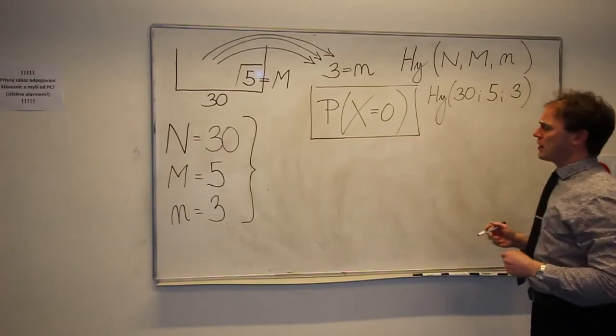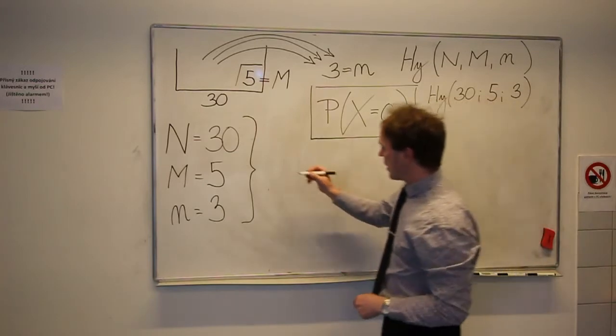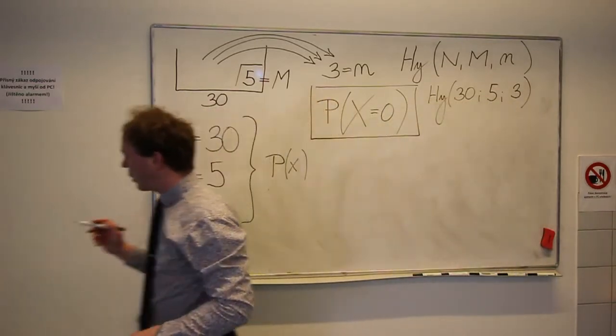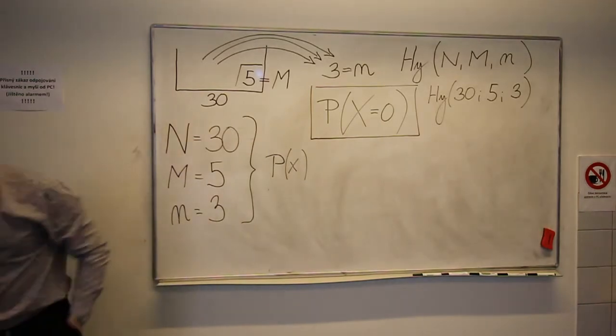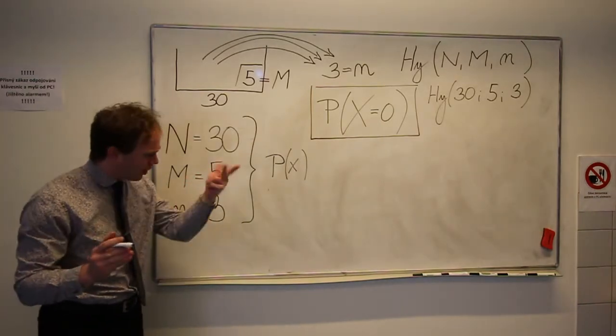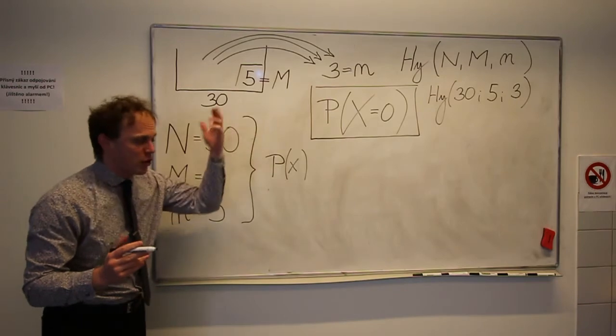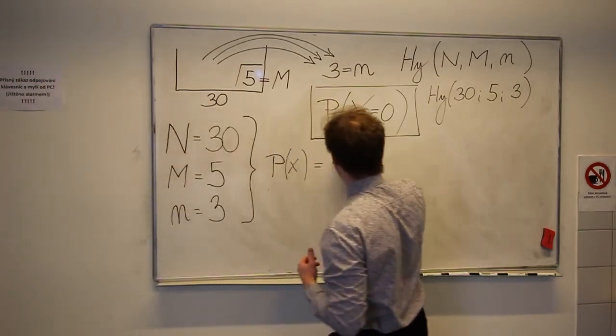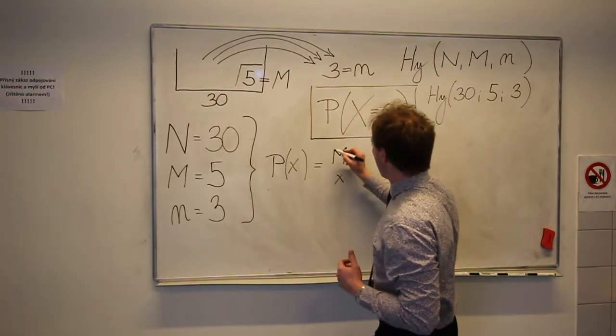And we are calculating this. So it's necessary to check the probability function from your formulas. There is a multiplication and division of 3 combination numbers. The first is capital M above x.